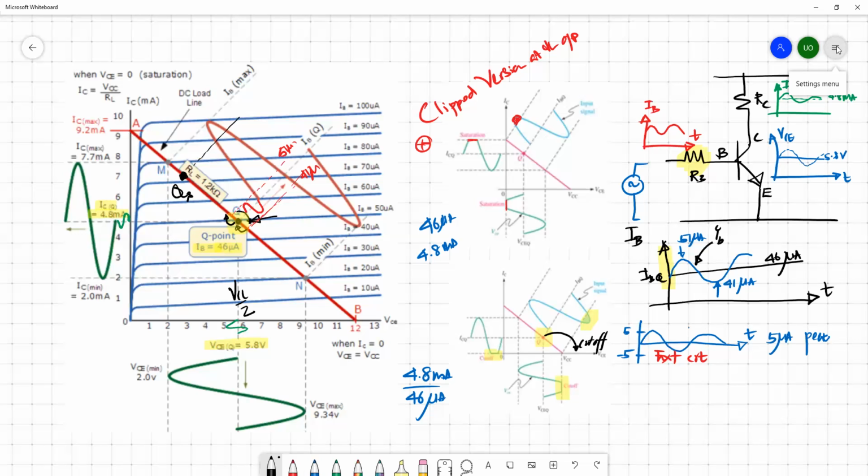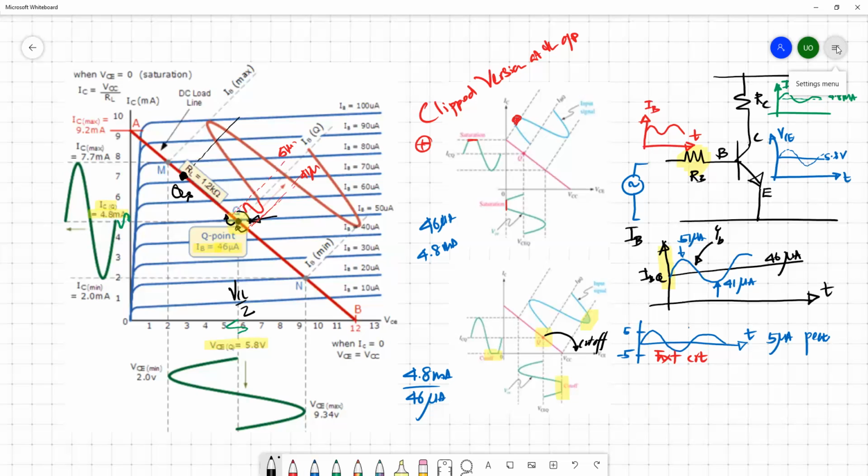And when we place the Q point, what happens to it when we change it by increasing the input signal or changing other parameters like resistance and supply voltage, what happens to the load line and the Q point. With this variation of the Q point and load line, there may be a tendency of pushing the Q point to either saturation or cutoff. With that, you will end up with a distorted version of your input signal.